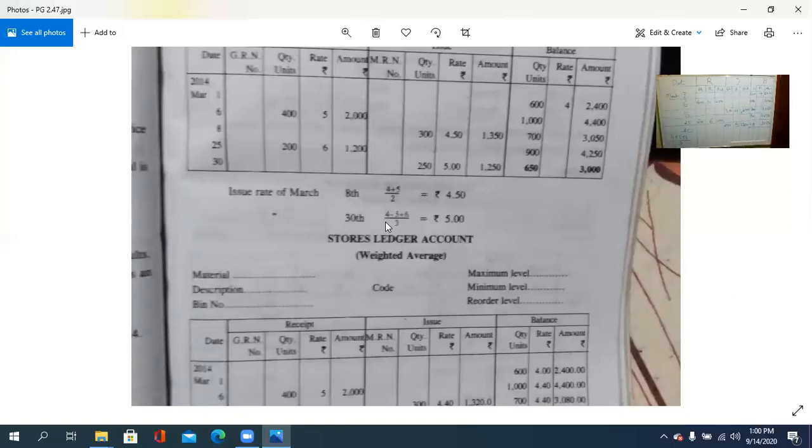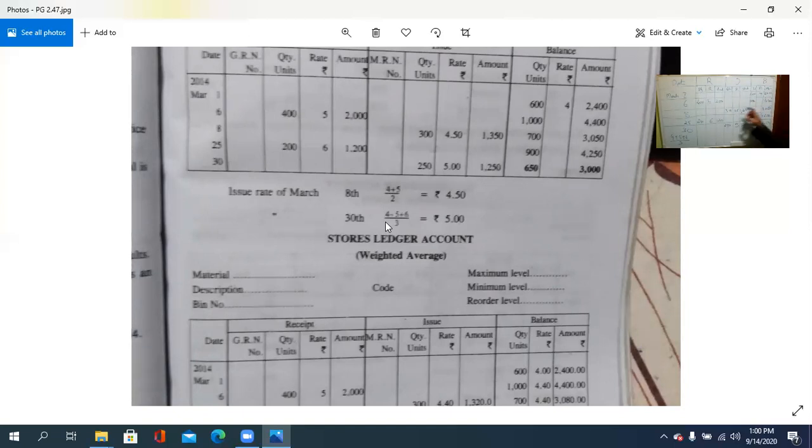Then next, on the 8th, 300 units are to be issued at what price? With the previous prices, 5 plus 4, 9 by 2, 4.5. So 4,400 minus 1,350, 3,050, and 1,000 minus 300, that is 700. So now the balance is 700 units, and the total value is 3,050.